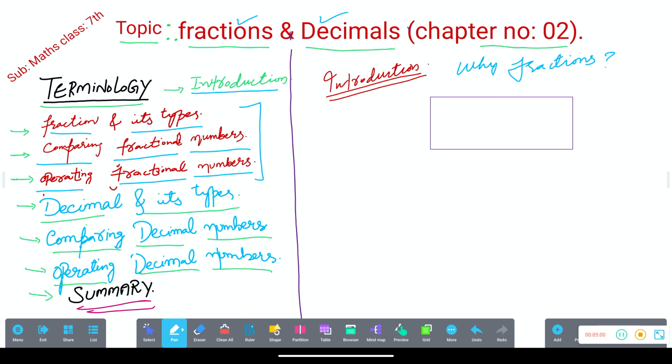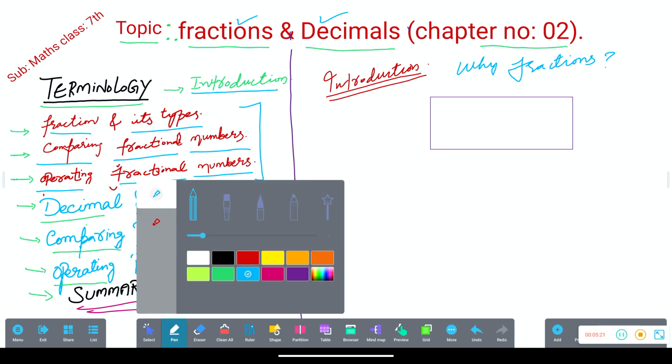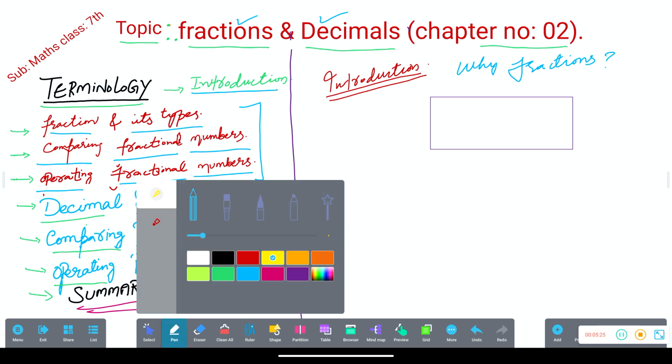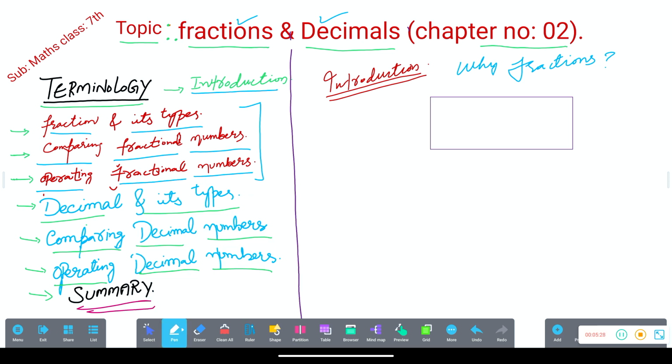For that I have just constructed a rectangle here. Now this rectangle, mathematically, if you have to represent it with a number, is considered to be a whole. One complete thing in mathematics is considered to be a whole.